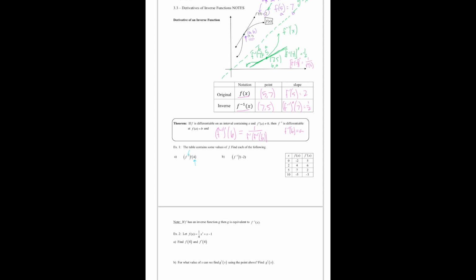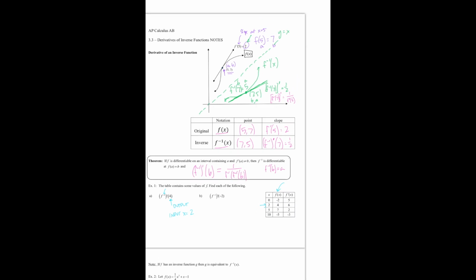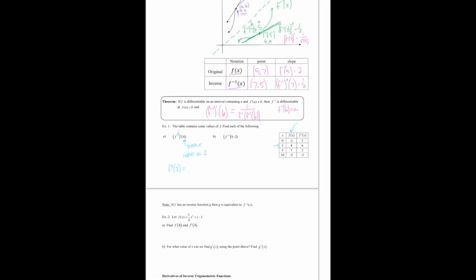It's considered an output, which means that the input of the f function over here is 2. So let me just write that down as x equals 2. So what is the derivative when x equals 2? Well, the derivative when x equals 2 is 6, which means this answer up here is 1/6.